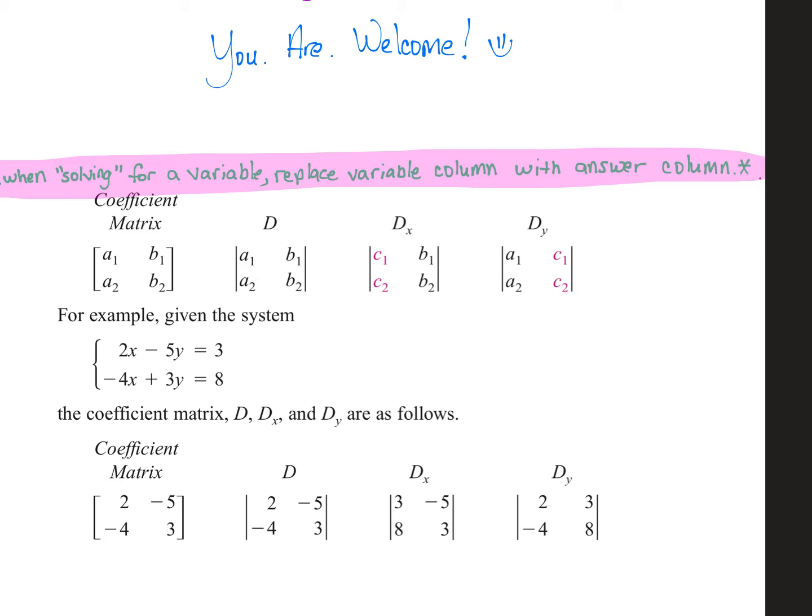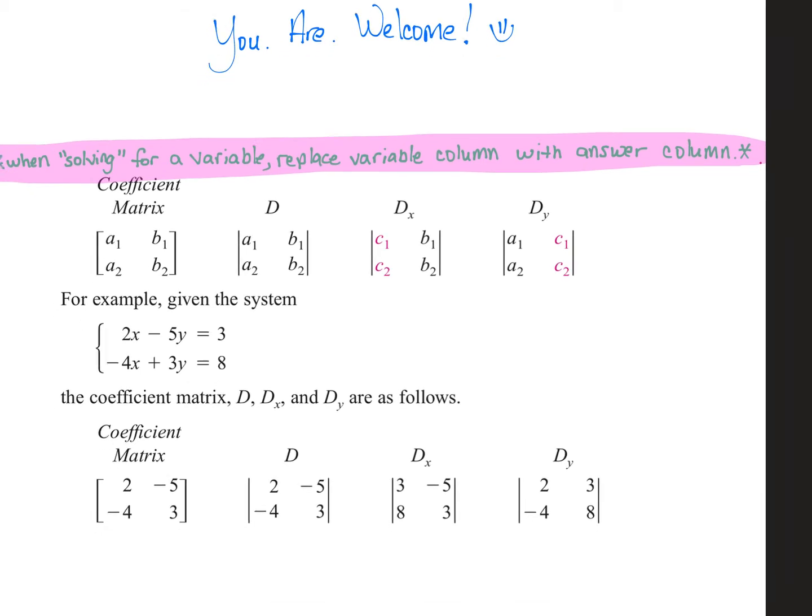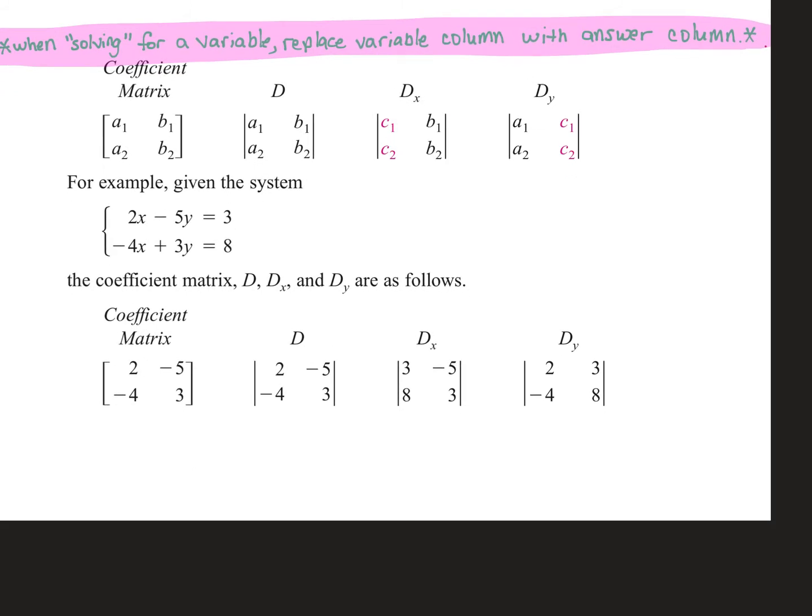So we're still finding the determinant. When solving for a variable, we replace the variable column with the answer column. So here, we start with our coefficient matrix. Given this system that we have here, we need to find the determinant of the coefficient matrix. See how we have an x column and a y column.